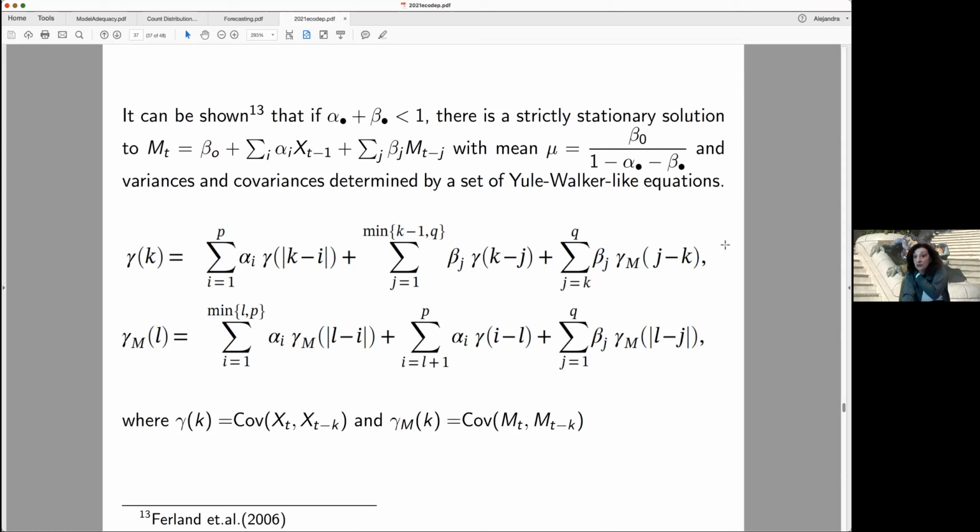So that helps in computing moment estimators and things like that. They don't help. Yule-Walker equations are useless for estimating parameters except for purely autoregressive models, because when the betas appear here, we find equations that cannot really be solved uniquely.